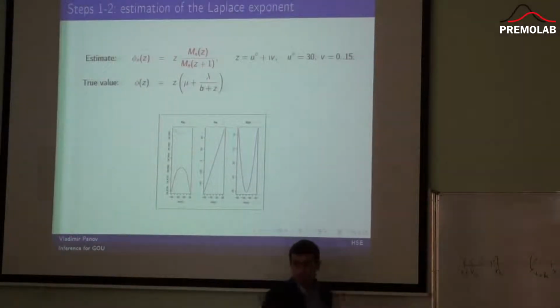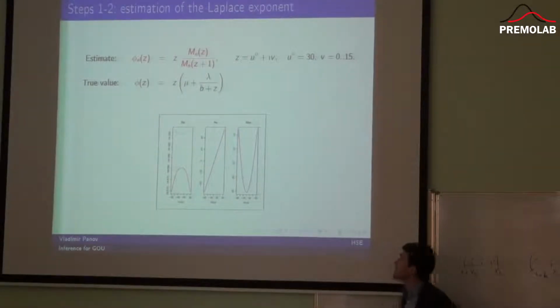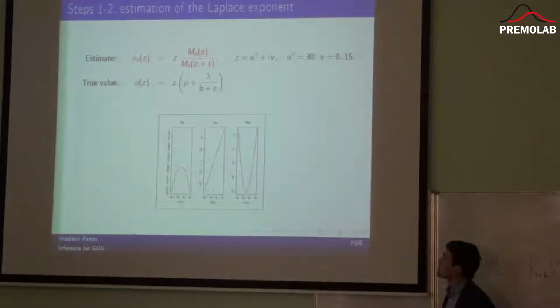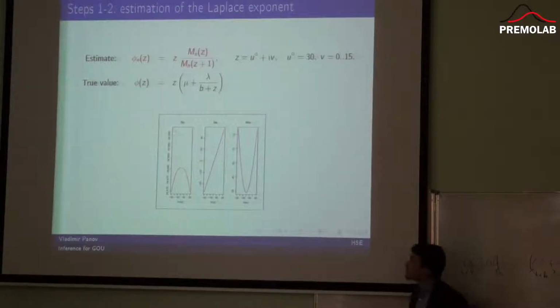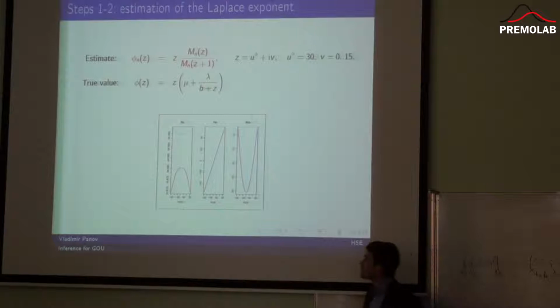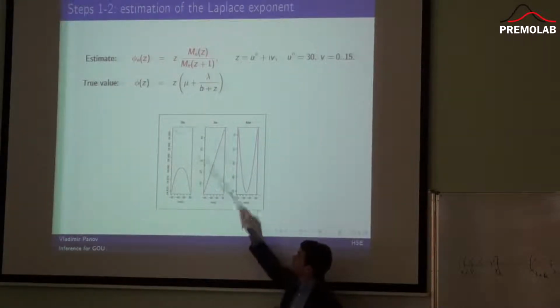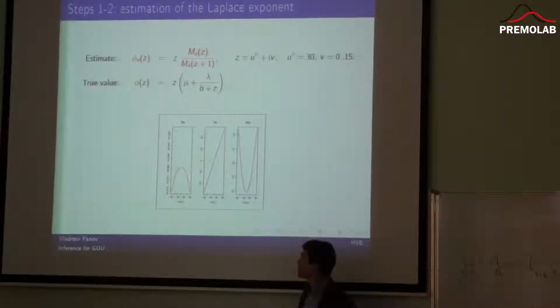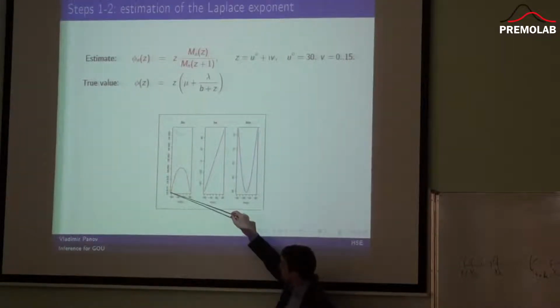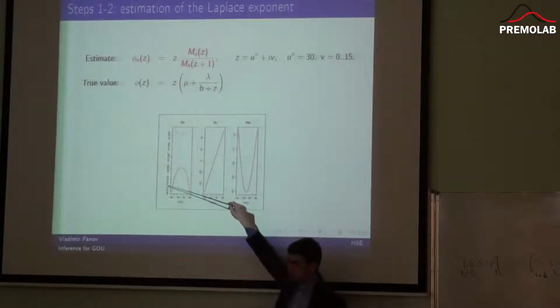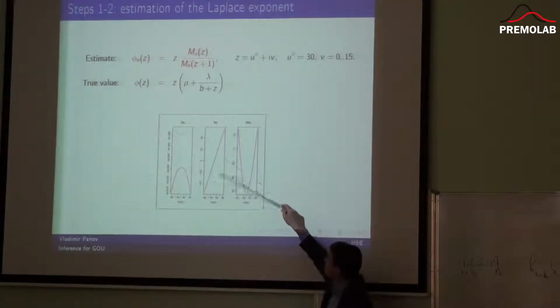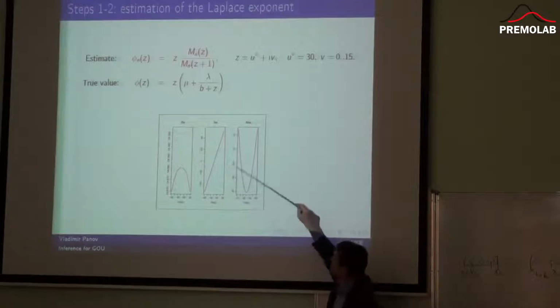So in the first two steps, we try to estimate the Laplace exponent at complex points. For our first example, the exponential distribution, we obtained that our methodology works very well. You see that there is some difference in the real parts of the true value and our estimator, but if you look at the scale, you see that the difference is very small. The imaginary parts coincide almost perfectly.